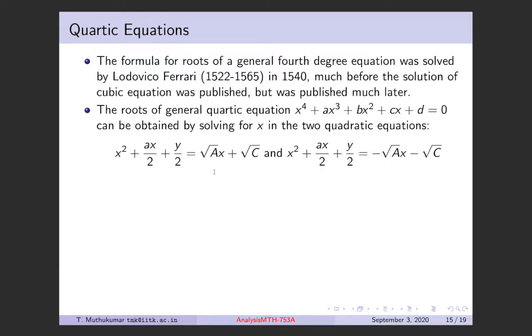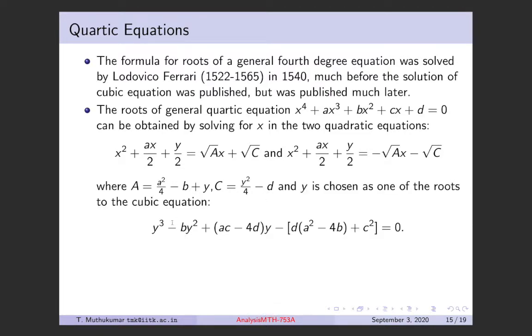So what are this capital A, C and y? Capital A is a square over 4 minus b plus y, where this minus b is again the coefficient of x square. C is y square over 4 minus d, where d is again from the coefficients. So what is now unknown is the y. y is a solution to this cubic equation.